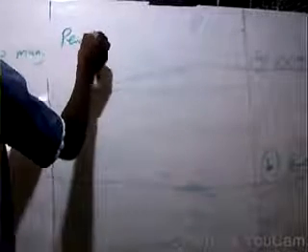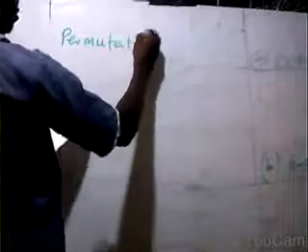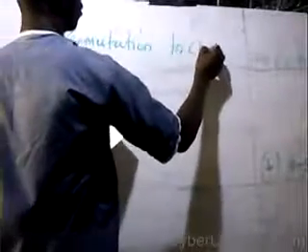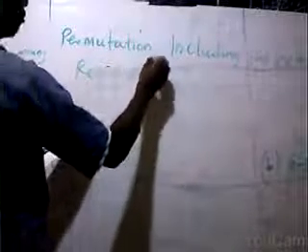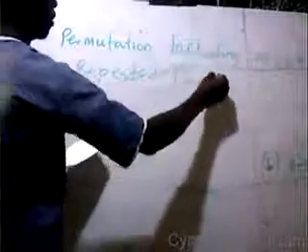So those O's are repeated objects. You want to permutate such, how are you going to do that? That's why I said permutation including repeated terms.